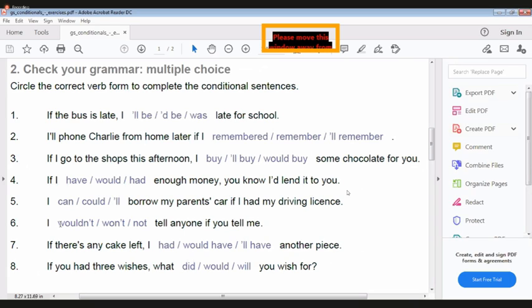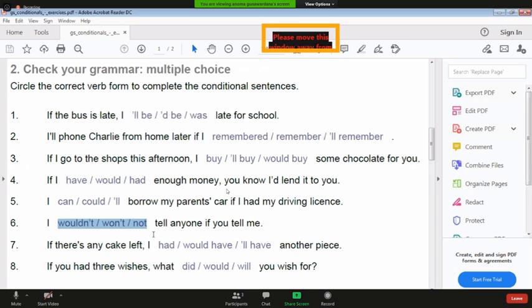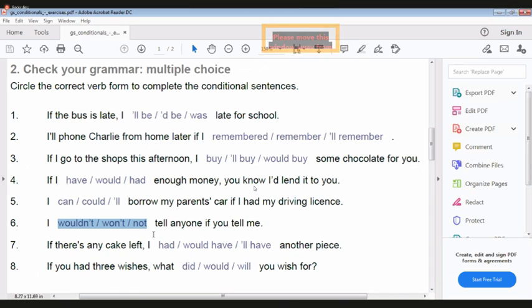the if clause is simple present. Now in the main clause, what is the tense? Same, simple present. In the first conditional, what is the tense in the main clause? Simple future. Then is there a simple present tense in these answers?